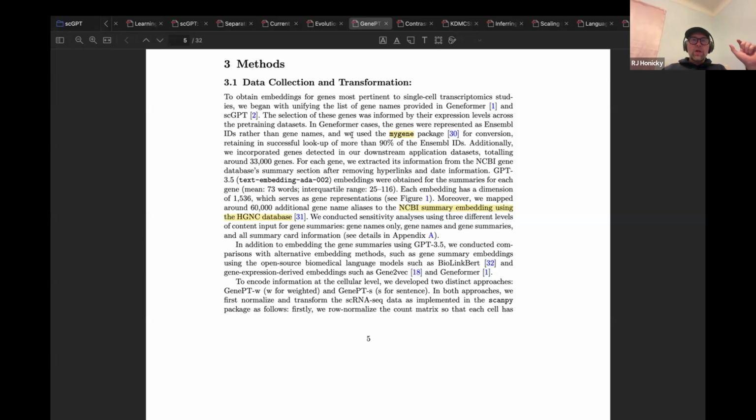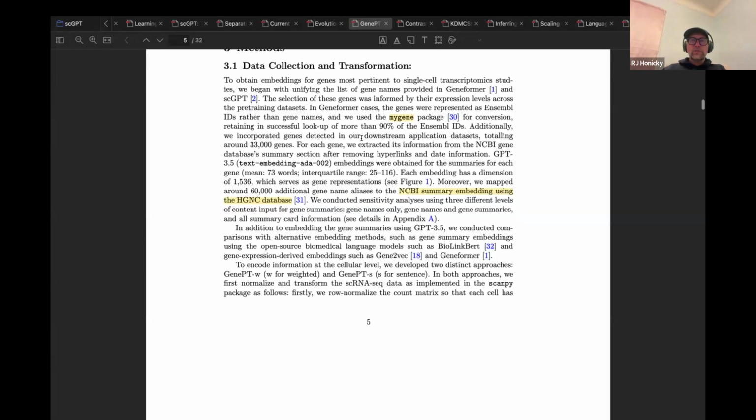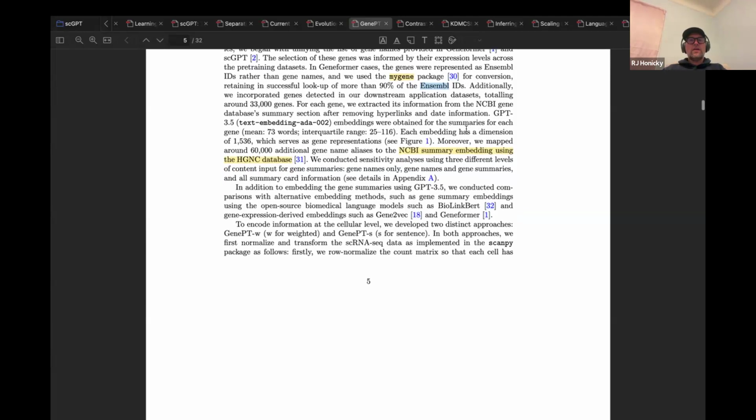So there is this one Ensembl database, right here, whose goal is to take all the different names for a gene and just give it one ID. And so they use this to unify everything.